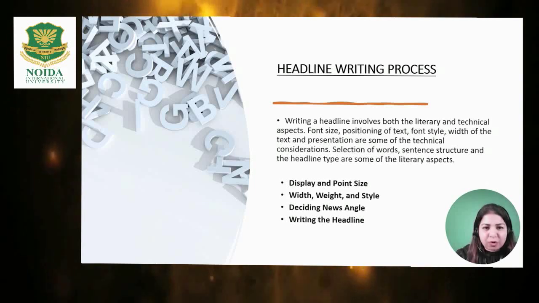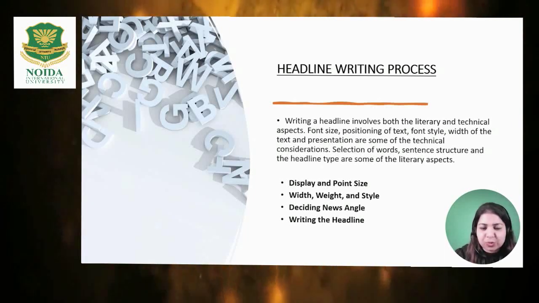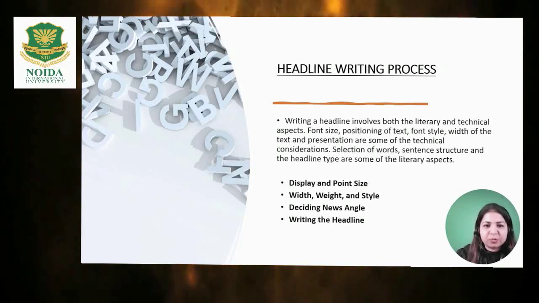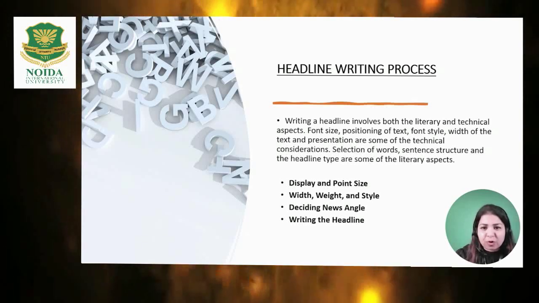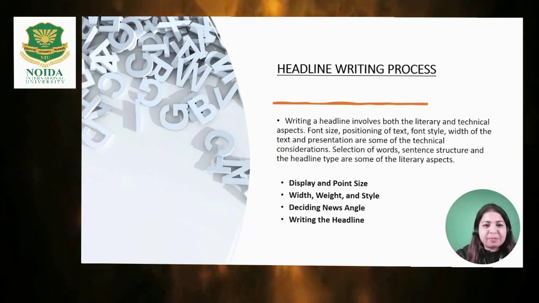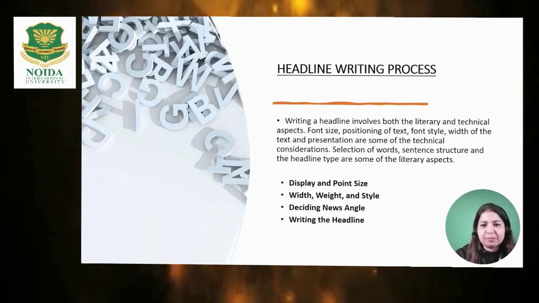Similarly, the font style also helps to decide the weight of the news story. Headlines in sans serif font styles are for soft news and feature stories. Headlines in serif fonts have more weight. Newspapers use sans serif fonts only. Opt for a font family providing a variety of font styles and weights.